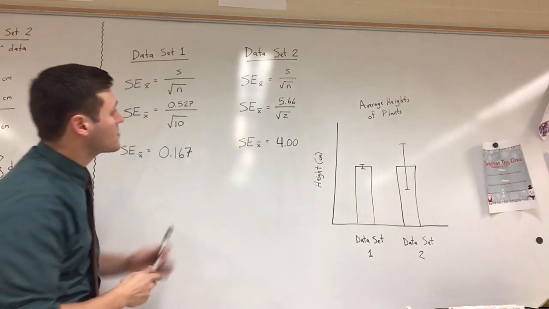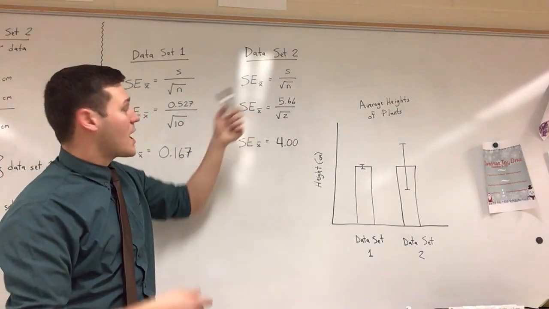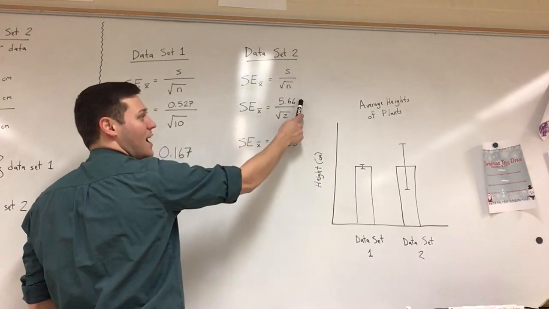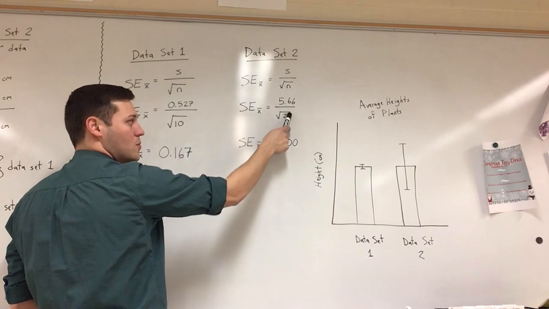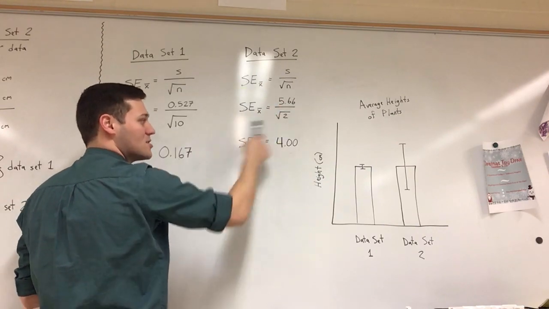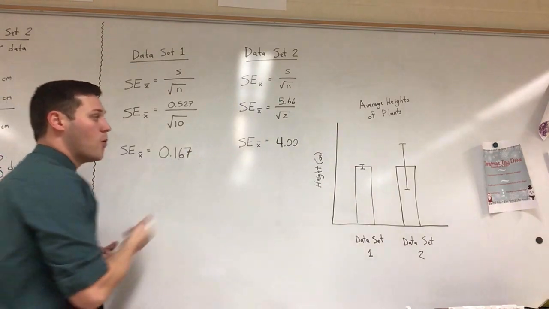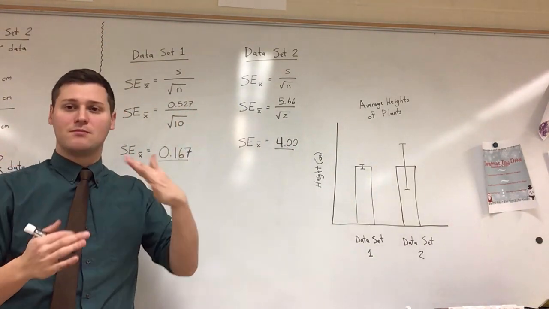Whereas here, if we did the standard error of data set 2 with our 2 points that were pretty spread apart, our standard deviation is higher, and our sample size is lower, so we have 2 and 5.66, so naturally our standard error of the mean is going to be higher. It's going to be 4, as opposed to 0.167, or about that much.